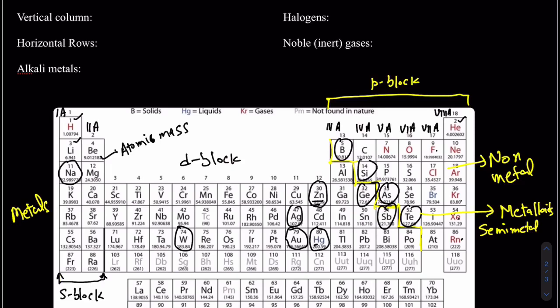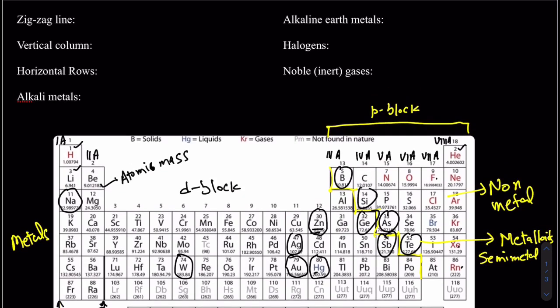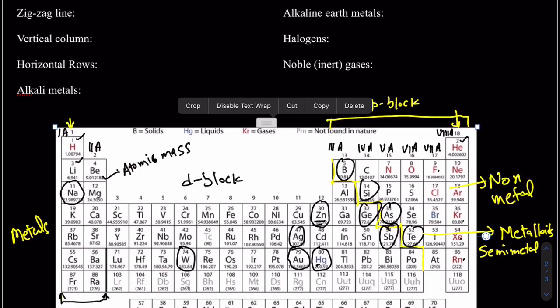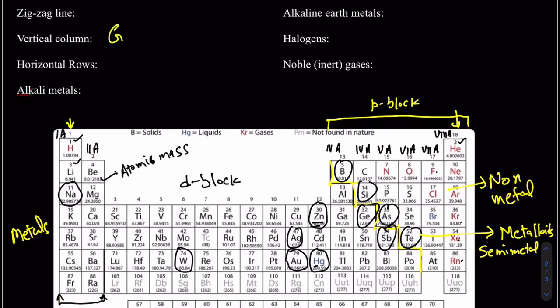Then we have about 18 groups in the periodic table, or 18 vertical columns, as you can see, going from 1 all the way to 18. So that's 1, and this down here is going to be 18. Those vertical columns are called groups. There are two ways of numbering the groups.